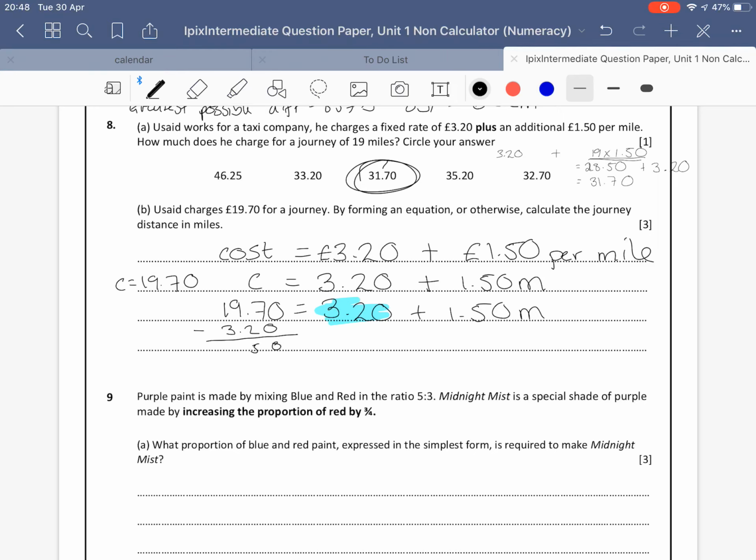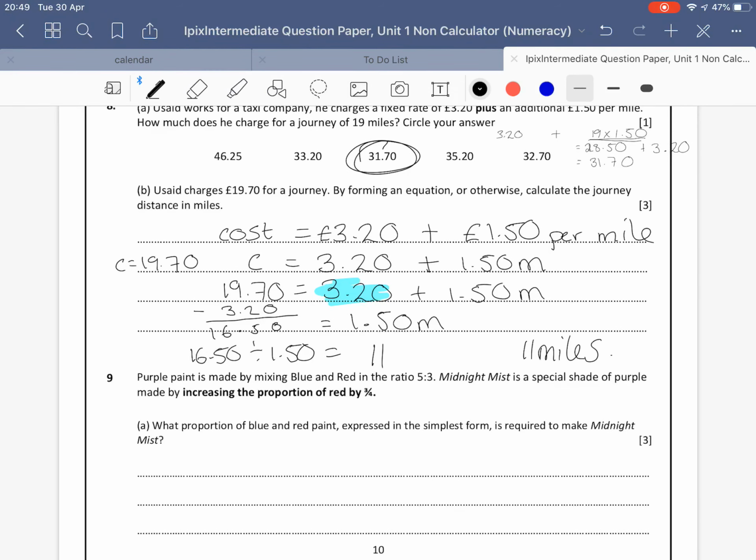So I've got £16.50 is 1.50 M. So I just need to do £16.50 divided by £1.50. How many £1.50 go into £16.50? You could keep count, it wouldn't take you that long. And it is 11. So it is 11 miles. We're in miles, aren't we? Yes. Okay, I didn't even see that question earlier.